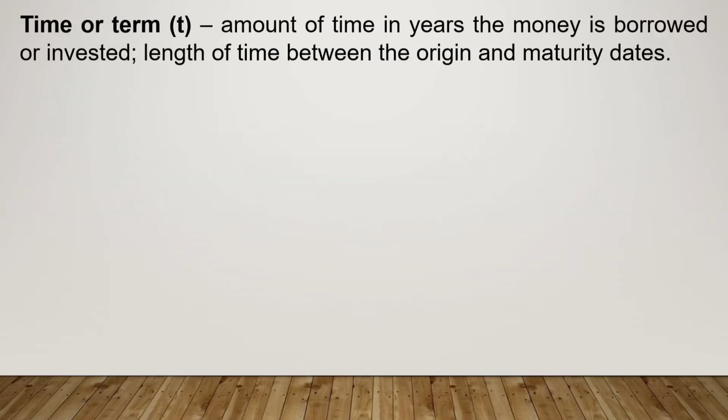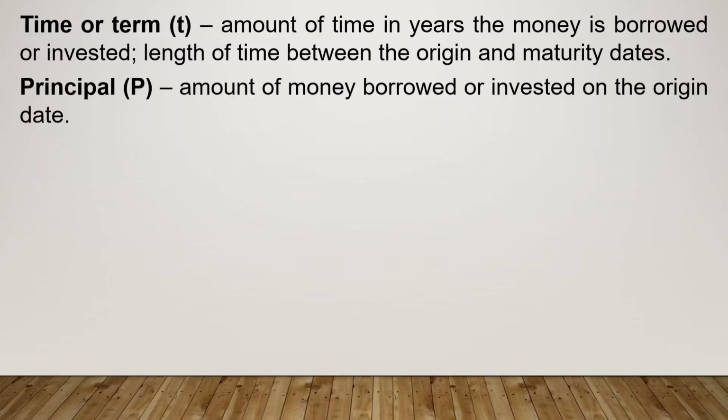Next is the time or term, or small letter t. It is the amount of time in years the money is borrowed or invested. It is the length of time between the origin and maturity dates. So remember that the time or term is computed in years, not in months, not in days, but in years.